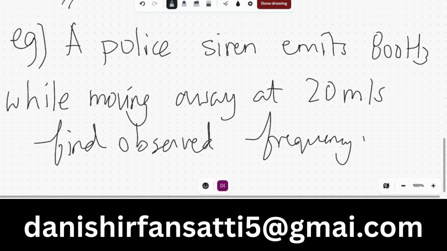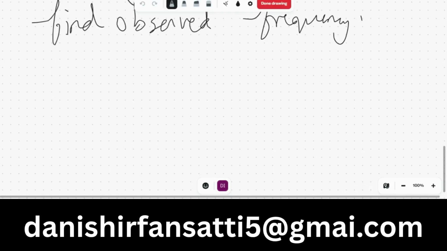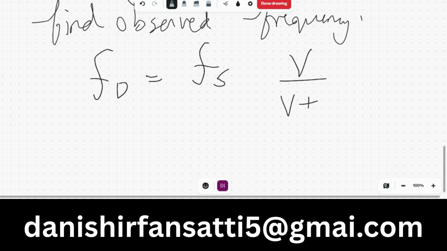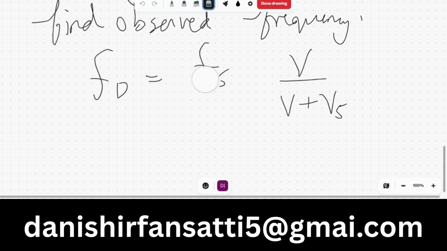So how are we going to do that question? We have to find fo, that is fo is equal to Fs times v over v plus vs, since it is moving away, so plus. Fs is 800 hertz.